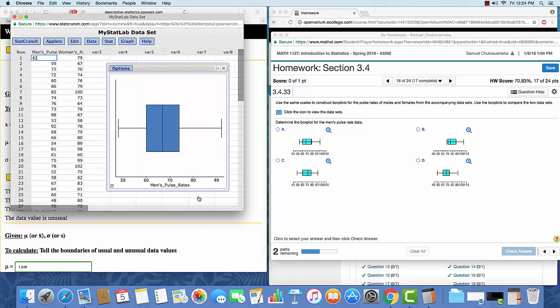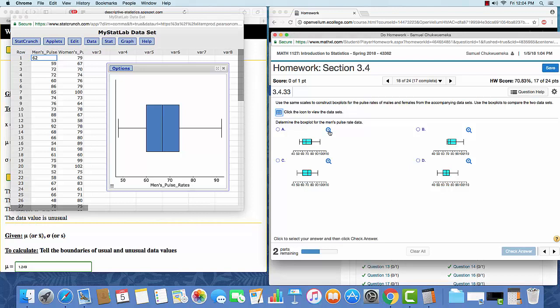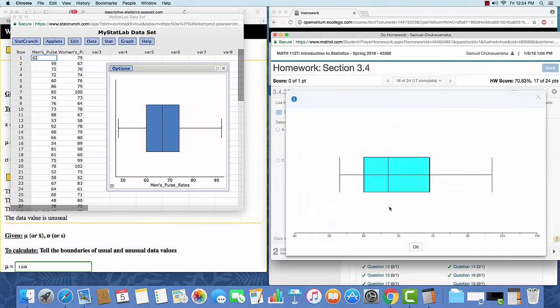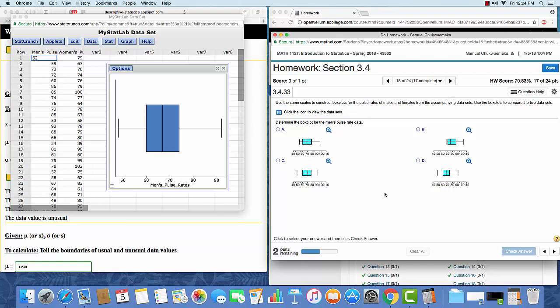So by just visually looking at this, B is eliminated. But let's look at the rest. Minimum is 48. And by that, A is eliminated. So, of course, B is also eliminated right away because the minimum is not 48.